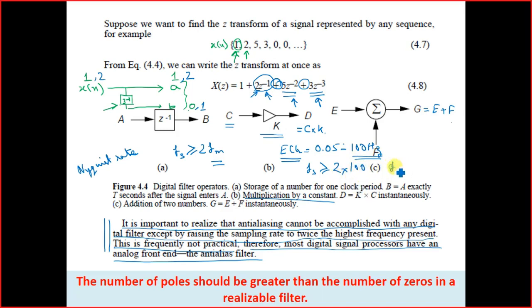So your sampling frequency should be greater than or equal to 200 Hertz if you want to digitize the ECG signals. Now it introduces an important word which is called aliasing. What is aliasing?